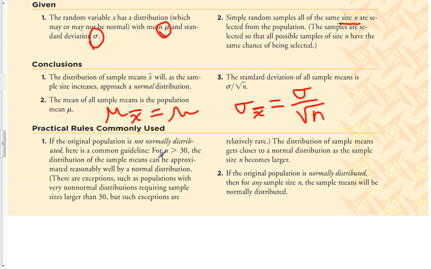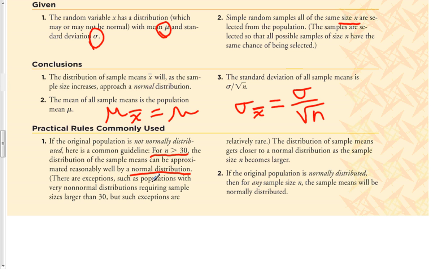Even if the original population is not normally distributed, for sample sizes larger than 30, the distribution of the sample means can be approximated reasonably well with a normal distribution. So even if the original data is not normally distributed, as long as the samples are of size greater than 30, the sampling distribution will be approximately normally distributed.